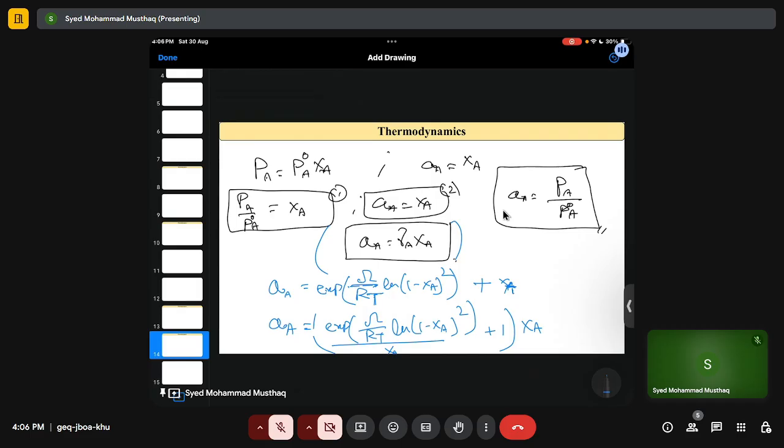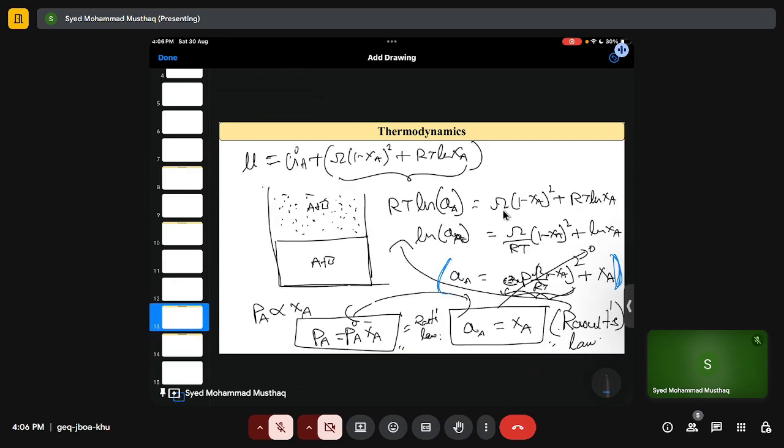So if I divide everything by the exponential, it will turn out like this. That's all.